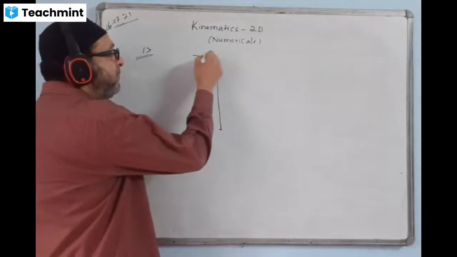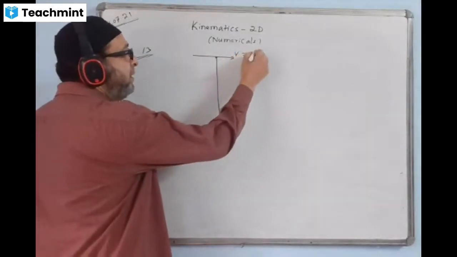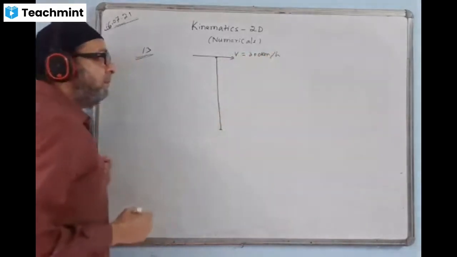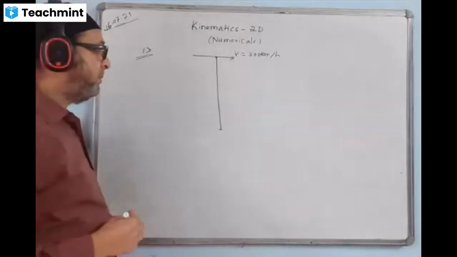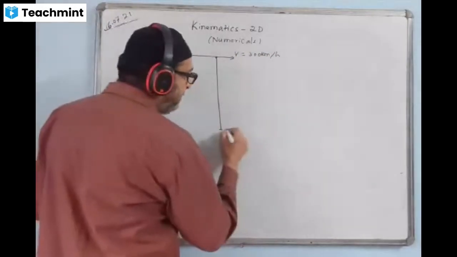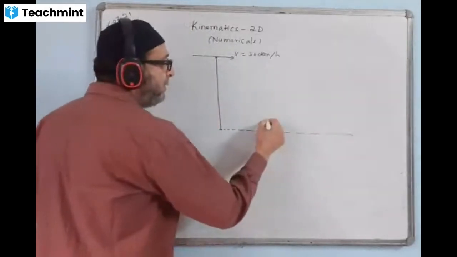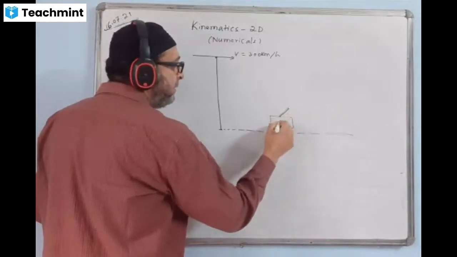Pilot is flying at some velocity. Here is the pilot. Pilot is flying. Velocity of the pilot is given as 300 kilometer per hour. And there is this level, and there is a tank. This is a tank.